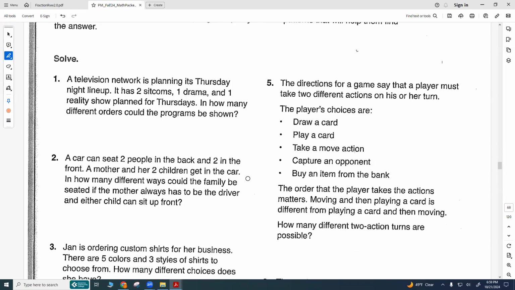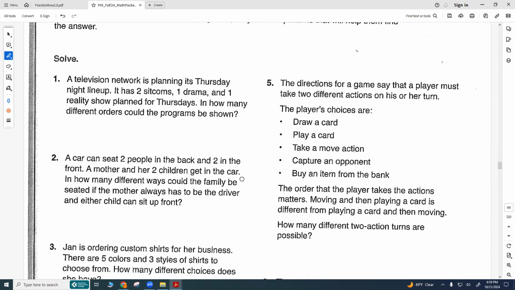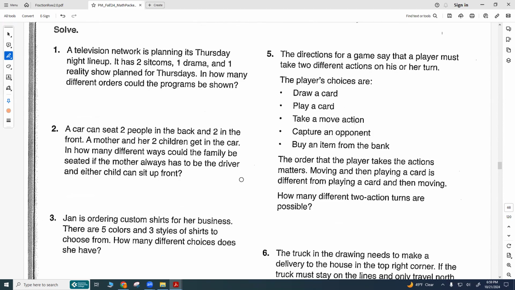So if we think about number 1, okay, a television network is planning its Thursday night lineup. It has 2 sitcoms, 1 drama, and 1 reality show planned for Thursdays. In how many different orders could the programs be shown?